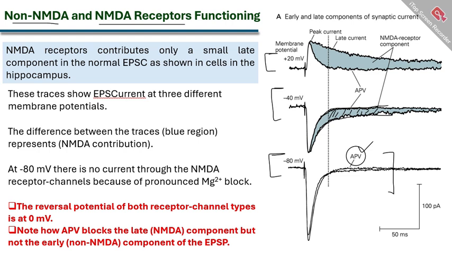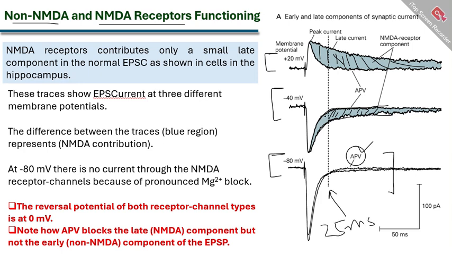At +20, you can see that a large amount of NMDA component is contributed, because at this time point magnesium is removed and a large amount of current is generated by the NMDA receptors. One more thing, you can see this line which represents 25 milliseconds.